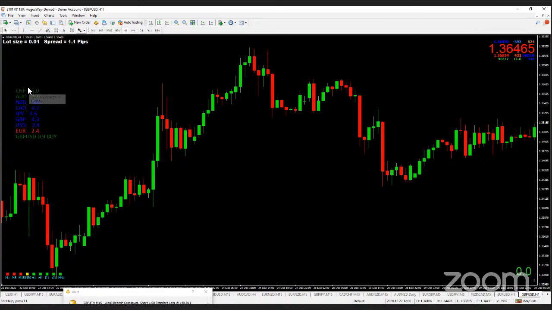Let's just have a look. We're going to be having a look at some of them during this session. But let's just quickly see how we would combine these currency pairs. We're going to combine Euro CHF.